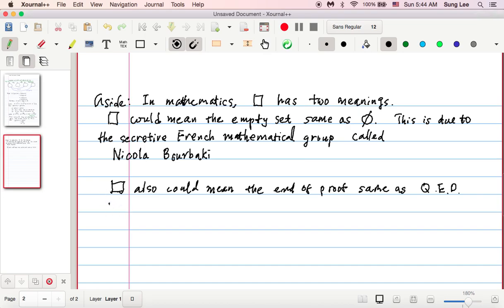This is due to the great American mathematician Paul Halmos.